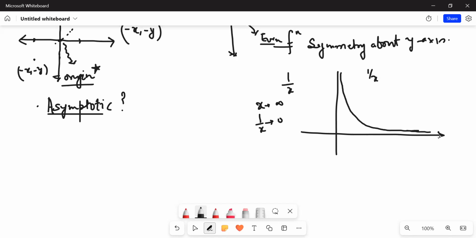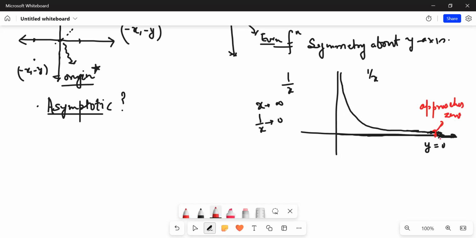And if it goes towards 0, what would be happening? This particular distance, where do we have to take the distance from? From the line y equal to 0. See, this distance approaches close to 0, not exactly 0, but close to 0.